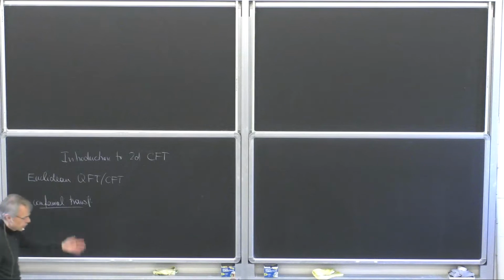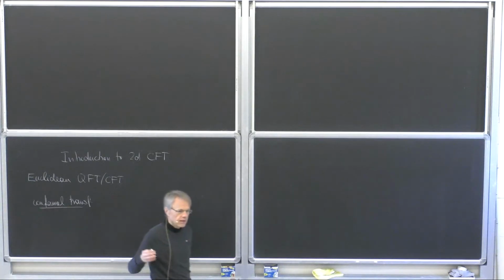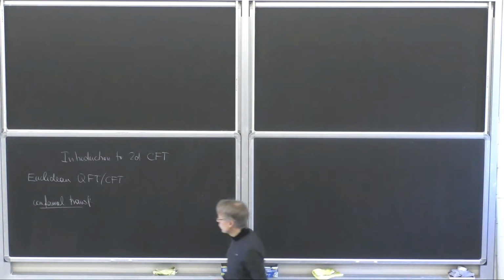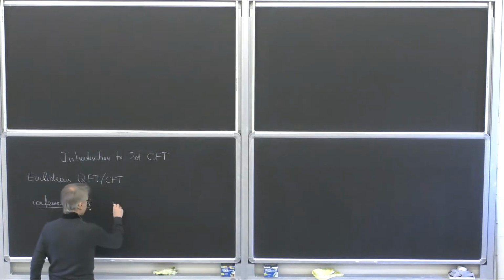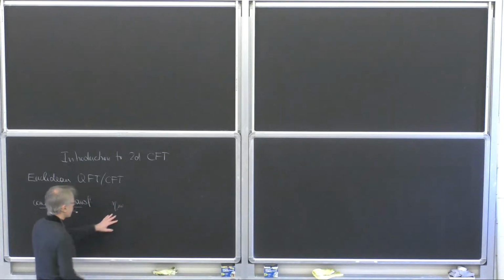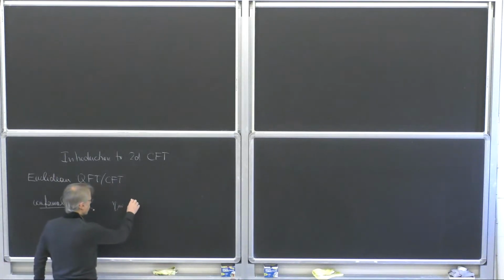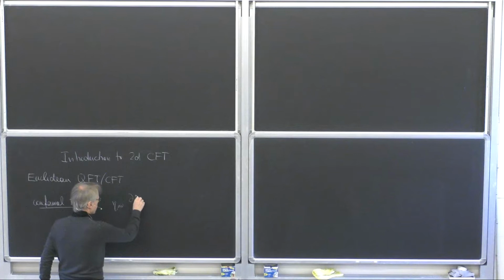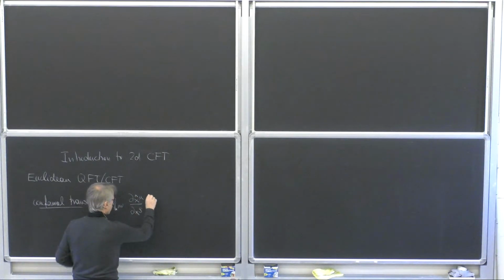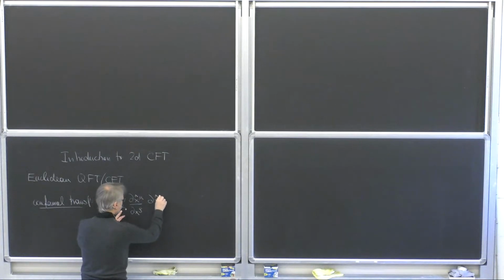So you have an underlying metric, which in our case will be delta mu nu, but I'll write it more generally as eta mu nu. So this will be the metric of my underlying quantum field theory. If I change coordinates, going from old coordinates to new coordinates, the metric would change in this manner.